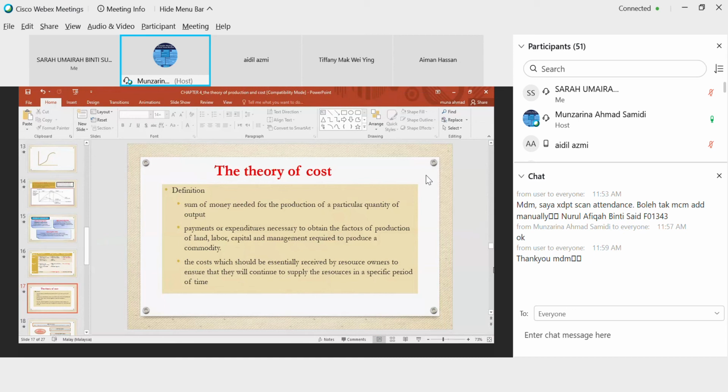Okay, many still have not done it. Mak Wei Ying, Muhammad Zafir Daniel, Amira Nurmaisarah, Mak Haikal.